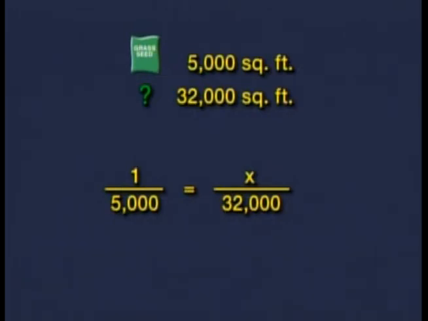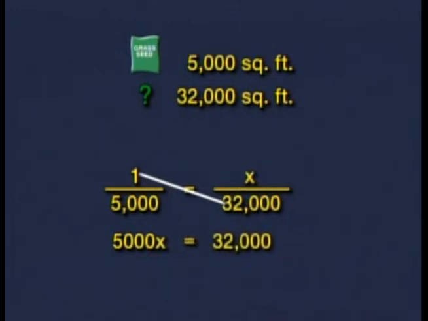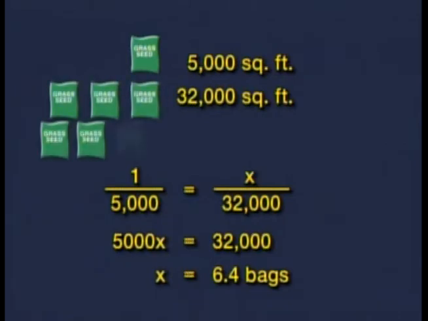To solve for X, cross-multiply. 5,000 times X is 5,000X. 1 times 32,000 is 32,000. 5,000X equals 32,000. To solve the equation, divide both sides by 5,000. X equals 6.4. You can't buy 6.4 bags. You can only buy a whole bag, so you'll have to get 7 bags and have some seed left over.